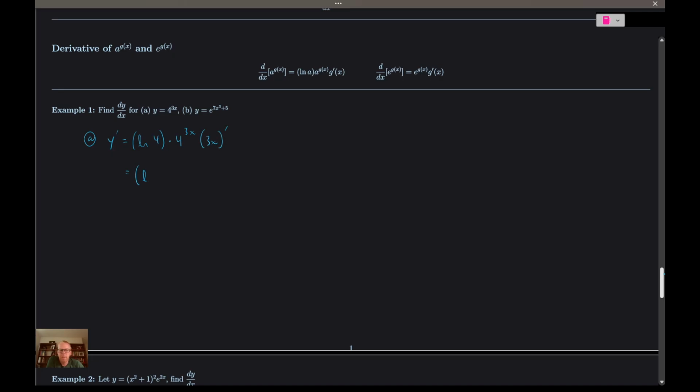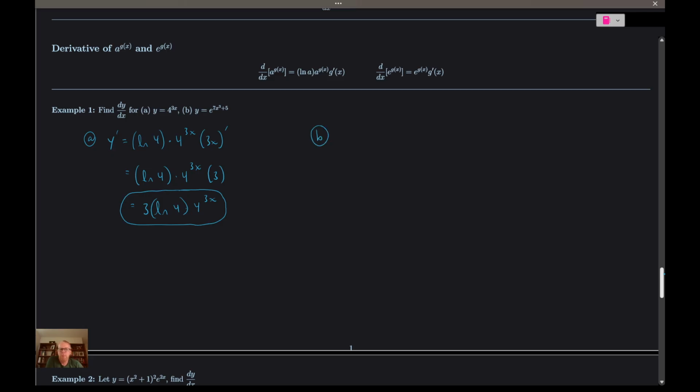Don't need to, but maybe in the beginning, when you're getting used to these, you could write this out in a couple of steps. And then we can move this 3 up here: 3 ln of 4 times 4 to the 3x, with parentheses around that if you like. Okay, so it's really just applying the formula.